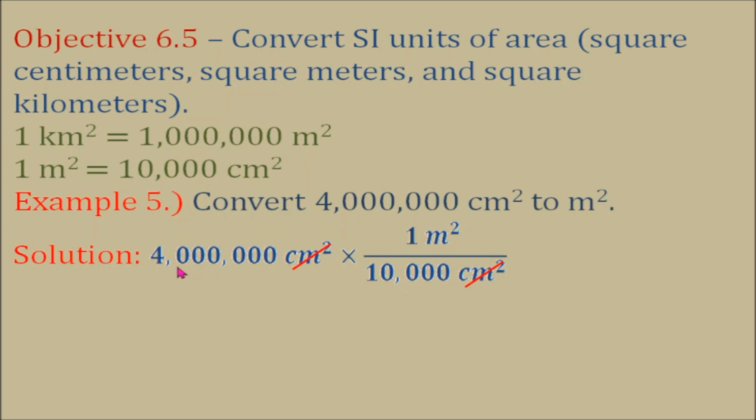So that means 4 million times 1 m squared over 10,000, or simply 4 million m squared divided by 10,000. So to divide, we will just cancel out the zeros. So we have 4 zeros here on our denominator. So we are going to cancel out 4 zeros. So that means our answer is 400 m squared.